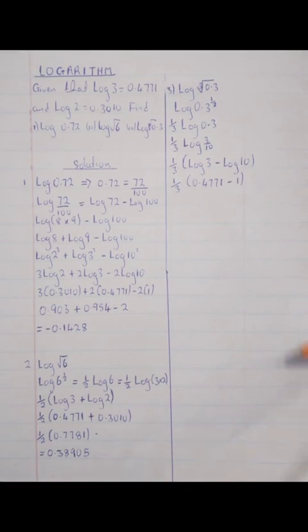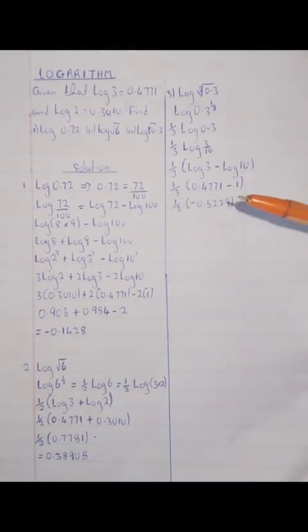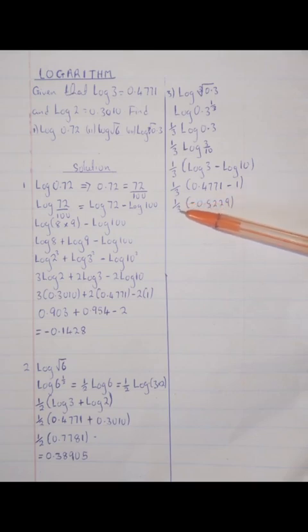And if we solve this, 0.4771 minus 1, we would have minus 0.5229. So we would have 1 over 3 brackets minus 0.5229. Next thing is we multiply this by 1 over 3, which is the same thing as 0.3333, which is 0.3.